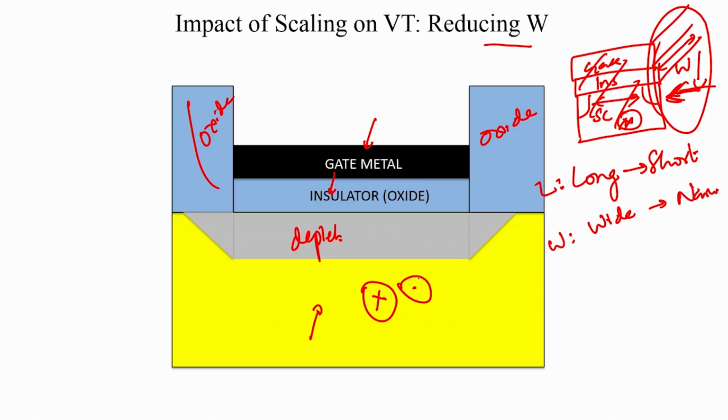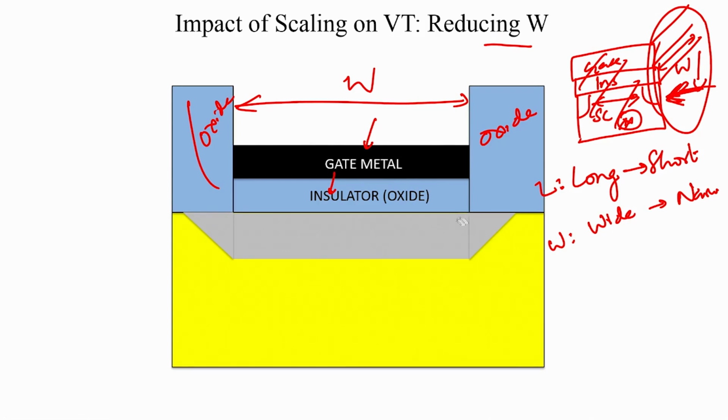We are looking through the device in this direction, and therefore, this is the channel width of the device, or this is the intended channel width of the device. Now, what is the impact of reducing this channel width as we scale down? Impact of reducing the channel width on the threshold voltage of the MOSFET.